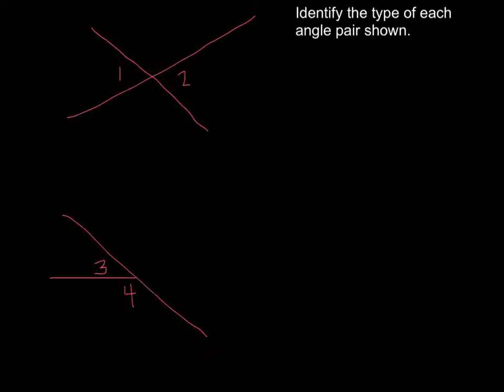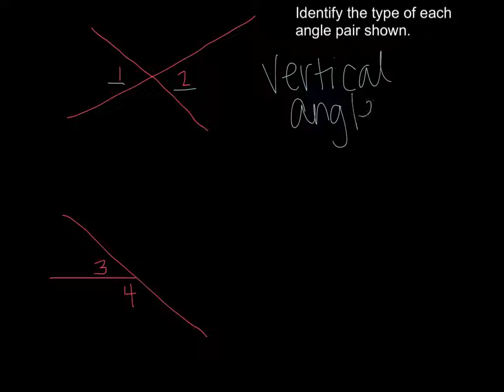Okay, so now we get into a problem here. Identify the type of each angle pair shown. So when we have opposite angles, those are called vertical angles. Again, I know that because they are opposite of each other.